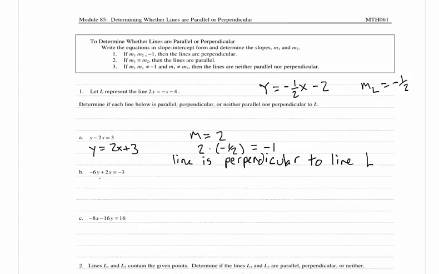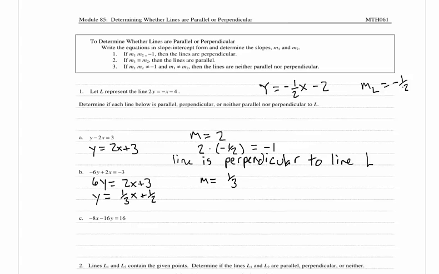In B, we have -6y plus 2x is equal to -3. So the first thing I'm going to do is add 6y to both sides and add 3 to both sides. So I get 6y is equal to 2x plus 3. And now I'm going to divide both sides of the equation by 6, and I get y is equal to 1/3 x plus 1/2. So the slope is equal to 1/3.